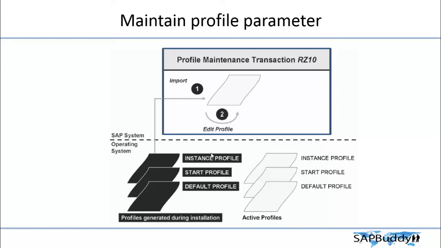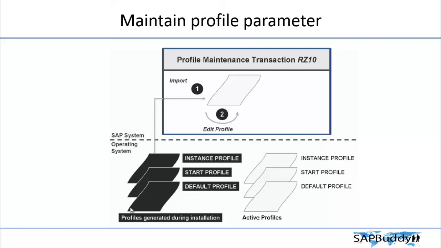Okay. So we have three different profiles: instance profile, start profile, and the default profile. These three profiles are three different files. As we said, this represents the profile which was generated during the installation, and this is the active profile. So at the moment, let's assume that we install the system. Let's see how we can edit these profiles.